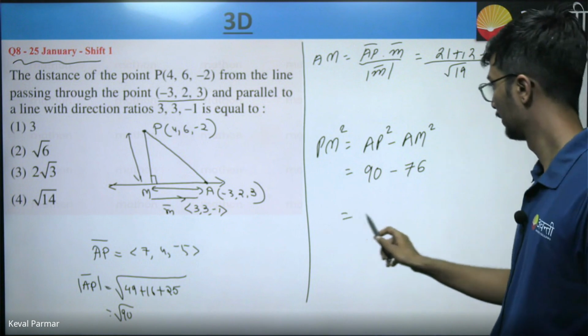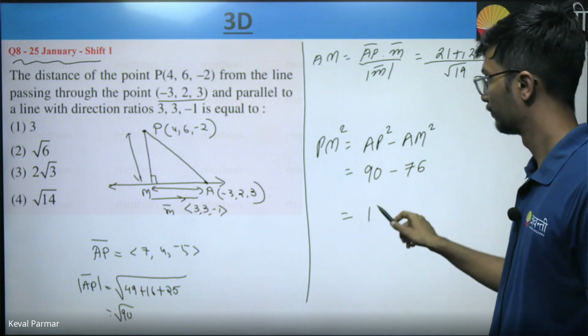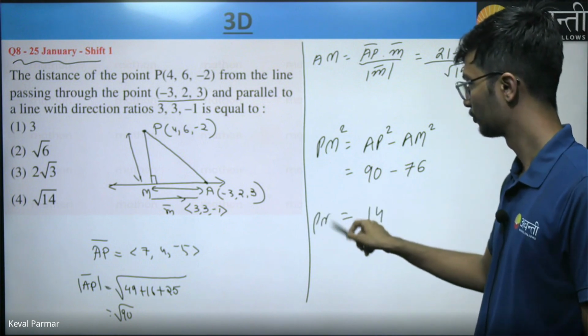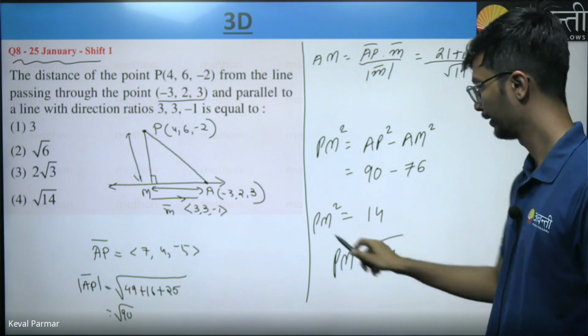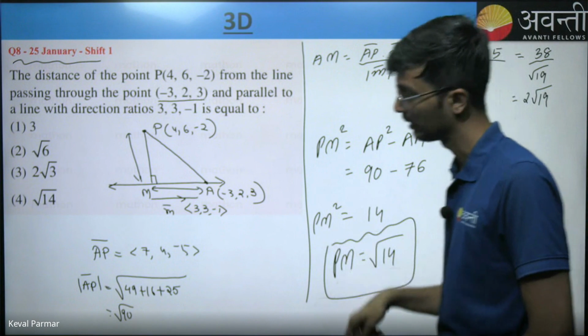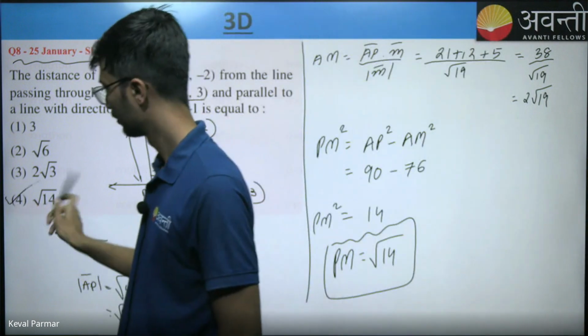So what will we get? We'll get 14 as PM square. So the required distance PM will be root 14, which is our option 4.